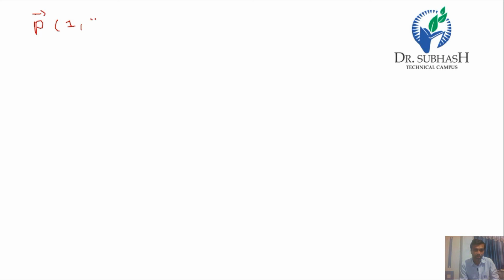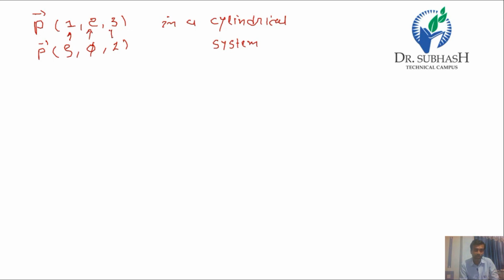Representation of the point P, which is 1, 2 and 3 in a cylindrical system. If we compare it with the general point, then here rho is 1, phi is 2 and 3 is the z.